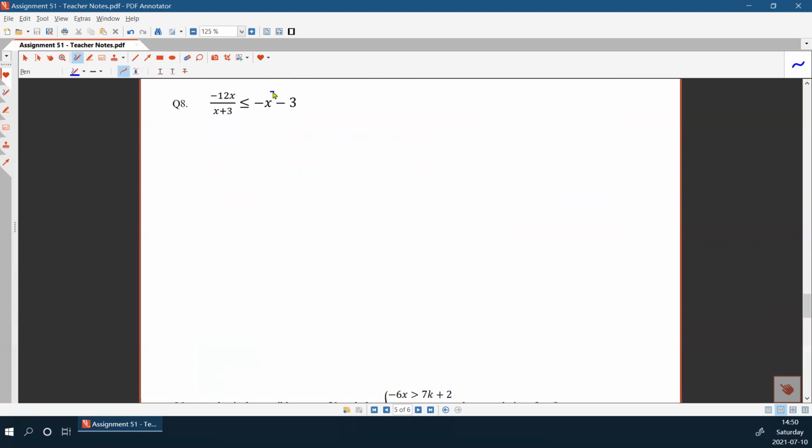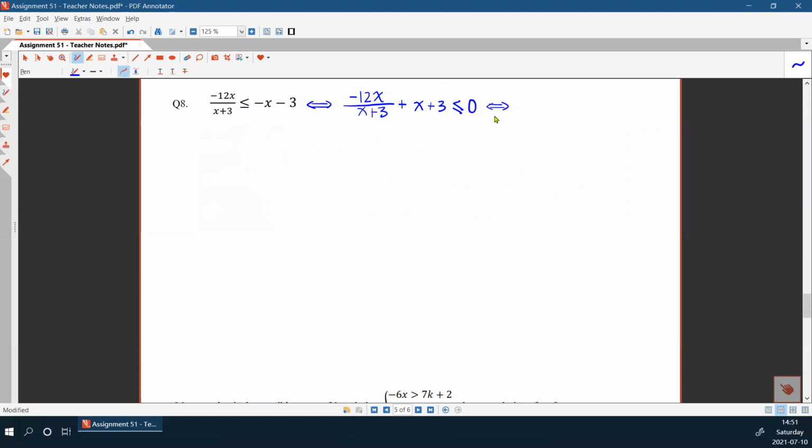All right, this time let's move the expression on the right-hand side to the other side. So the original inequality is equivalent to minus 12x over x plus 3, plus x plus 3, smaller than or equal to 0, right?